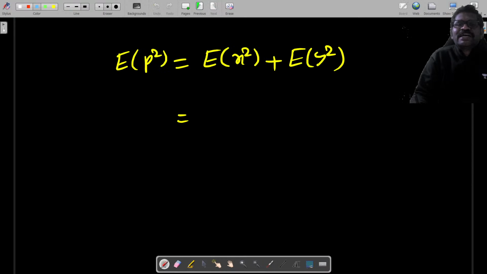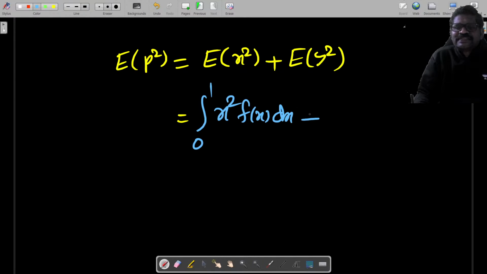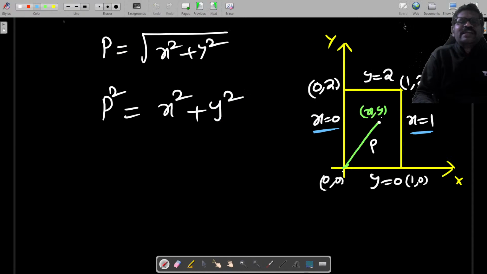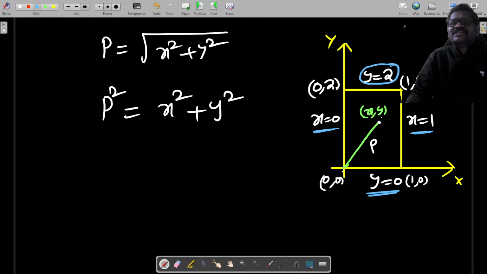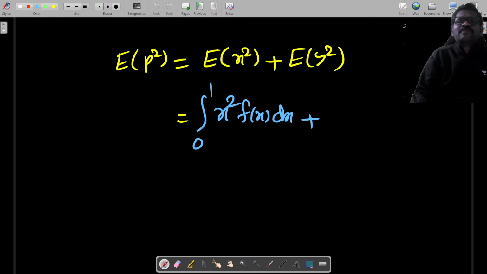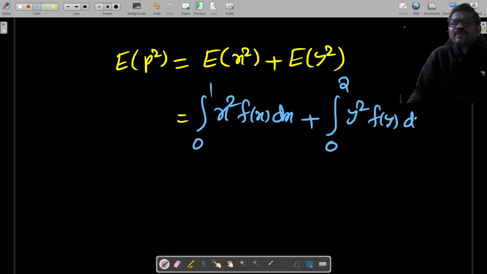That's why integral 0 to 1 x square into f of x dx plus y varies from y equal to 0 to y equal to 2. That's why y varies from 0 to 2. So integral 0 to 2 y square into f of y dy.